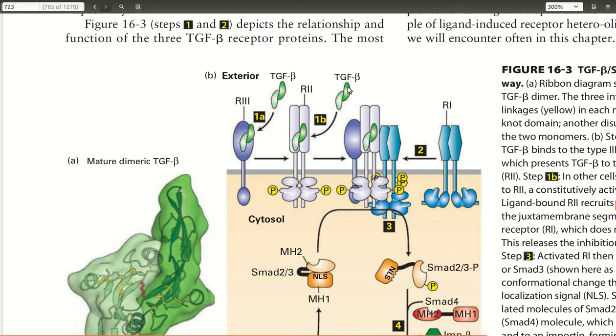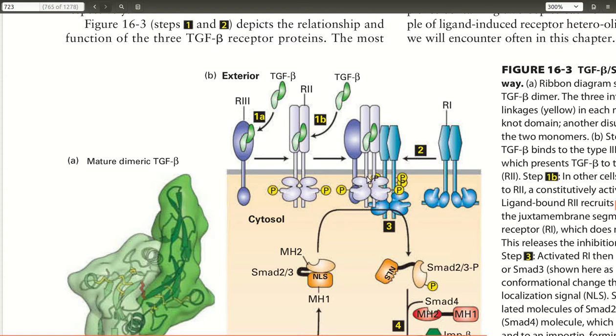And in other types of cells, TGF-β directly binds to receptor 2. And once this binding occurs, R2 will then phosphorylate R3, as in here.